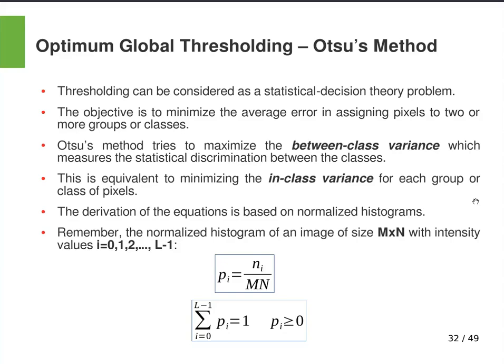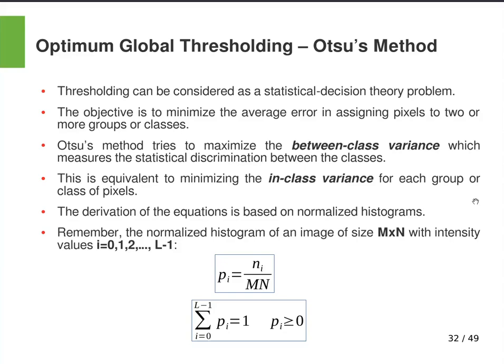Basically, it doesn't take into account the differences between the groups of pixels or the segments in the image. So the optimum global thresholding technique, or Otsu's method, tries to maximize the between-class variance, which measures the statistical discrimination between the classes. This is conceptually equivalent to minimizing the in-class variance for each group or class of pixels.